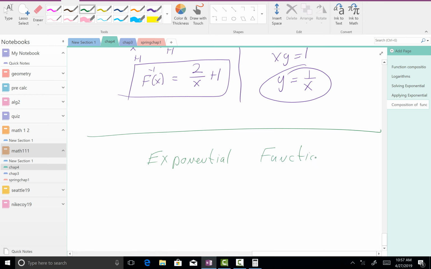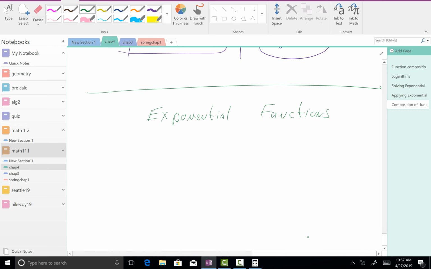All right, so we'll do 4.3 on exponential functions. So when we think about exponential functions, we're going to think about exponential growth, which is modeled by a population.